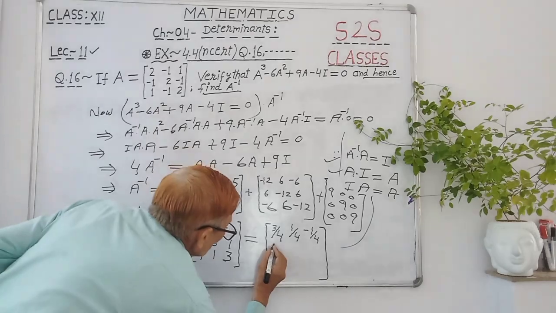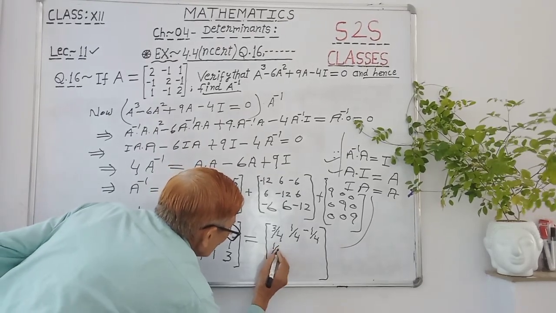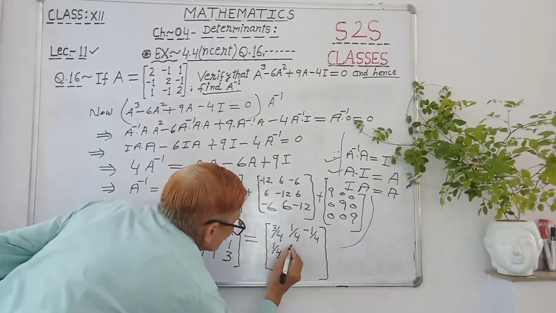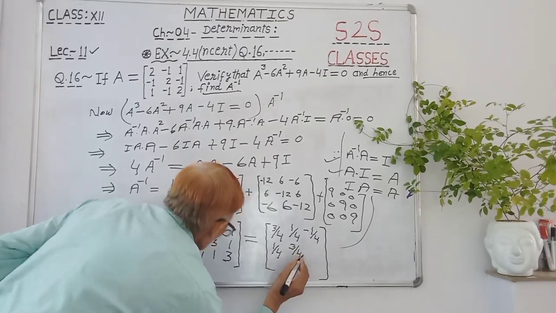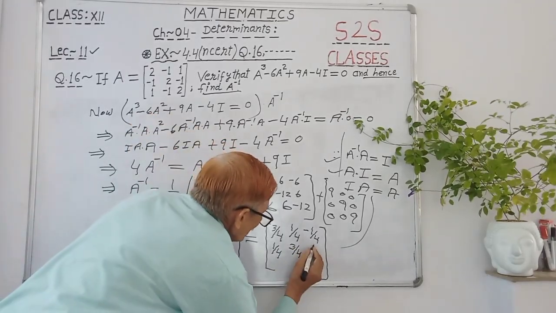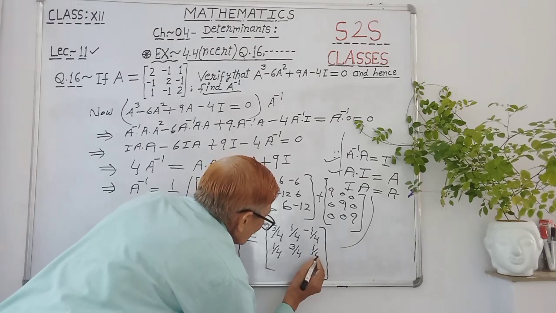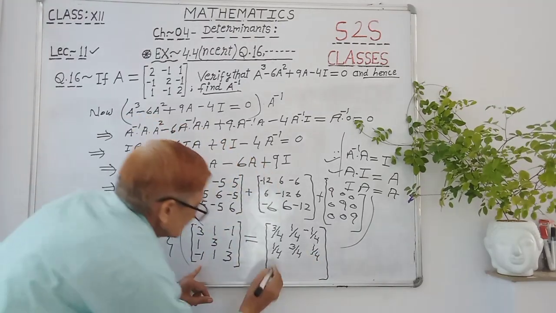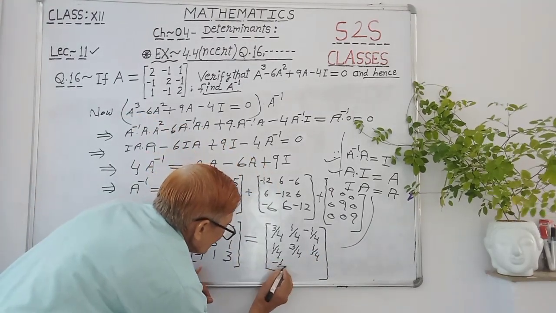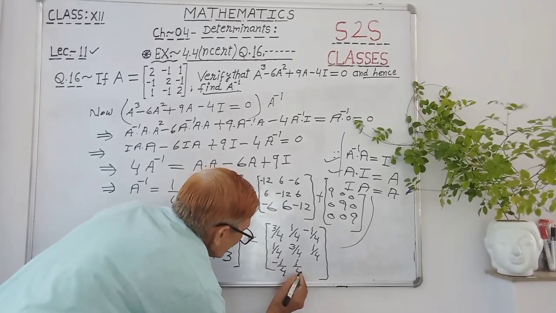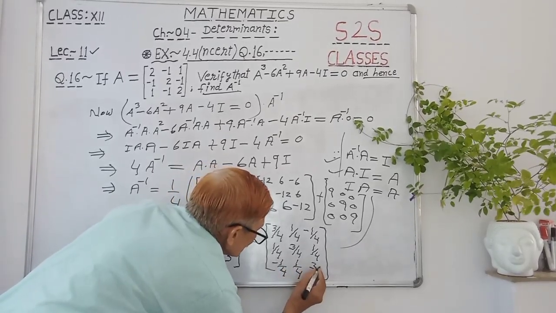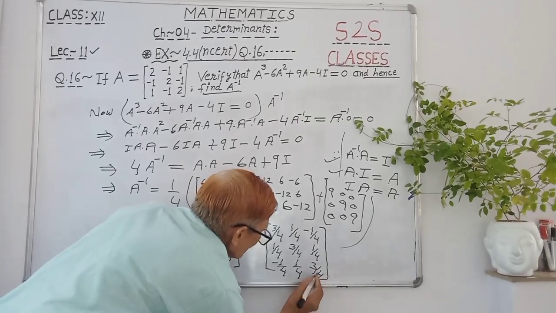Now 1 by 4, 3 by 4, then 1 by 4, minus 1 by 4, 1 by 4, 3 by 4.